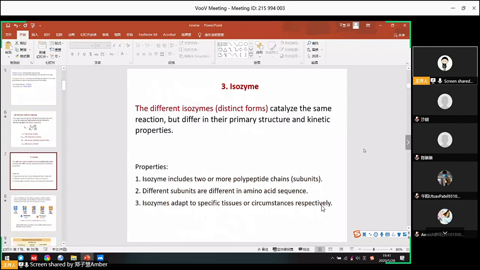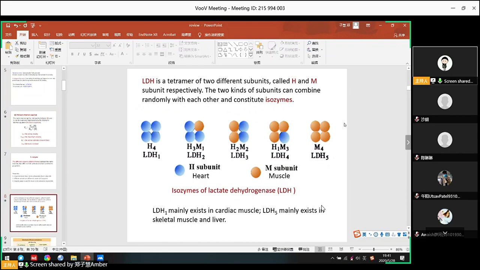Next, you have to know the glossary of isoenzyme. Different isozymes catalyze the same reaction, but differ in their primary structure and kinetic properties. And what are the properties of these isozymes? In the lectures, we give you an example here: LDH.